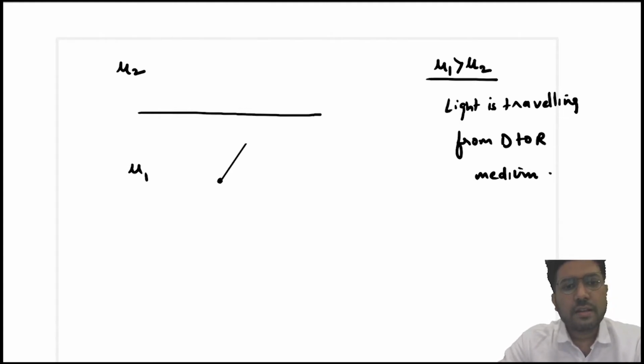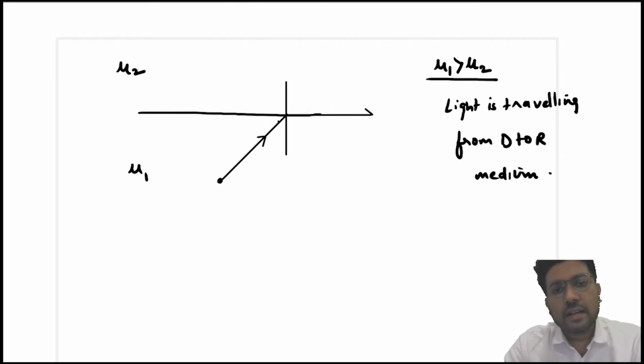So here you know that when light travels from a denser to a rarer medium, at one particular angle, that is the critical angle, the angle of refraction becomes 90 degrees, right? So this is the critical angle at which the angle of refraction becomes 90 degrees.